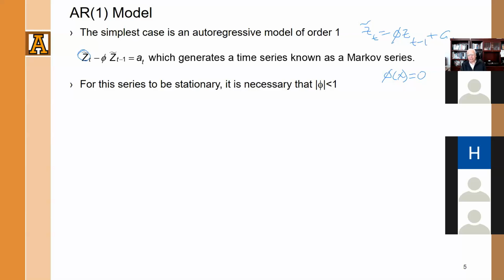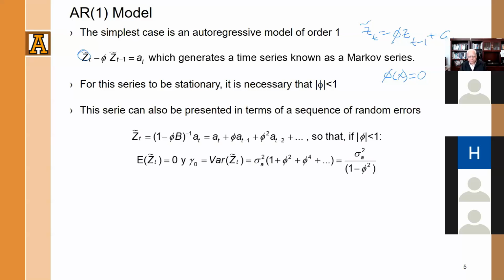Okay, phi has to be less than 1 in absolute value. We only have one parameter here. So in an AR1 model, the model represents a series that's stationary if phi in absolute value is less than 1. That is, if the root of the polynomial lies outside the unit circle.